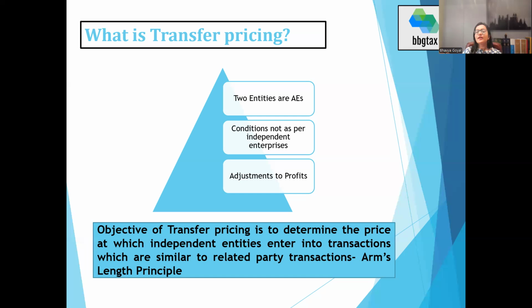So 200 US dollars becomes an arm's length price for the international transaction, which is being undertaken at 100 US dollars for the tested transaction in question.